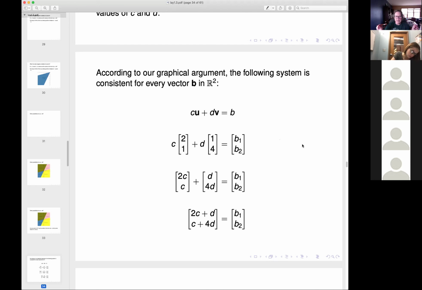Span is a very important concept in linear algebra. These two vectors span R2 because any vector in R2 can be obtained from these two just by multiplying each by some constant and then adding them together.